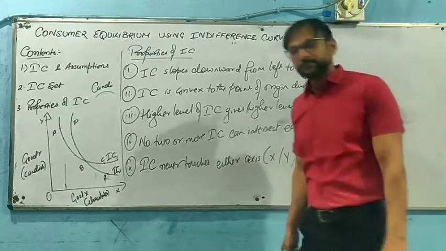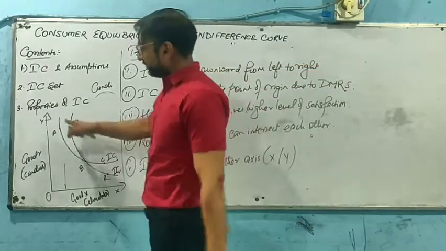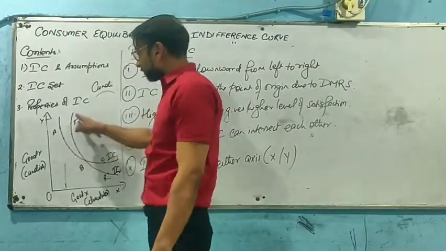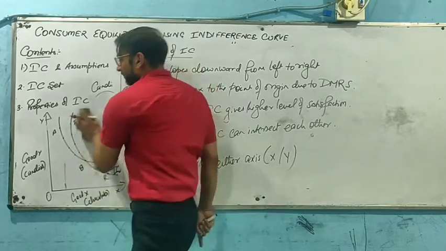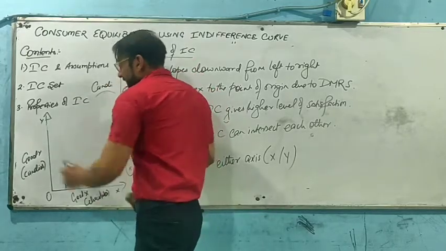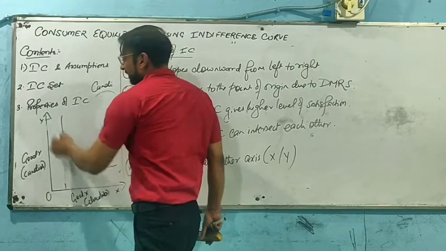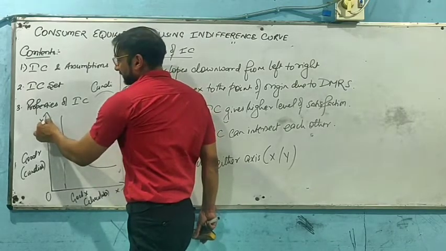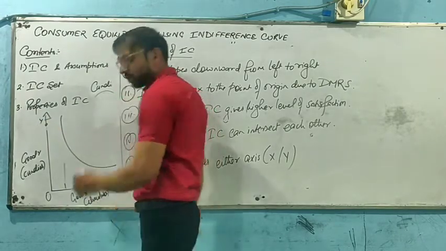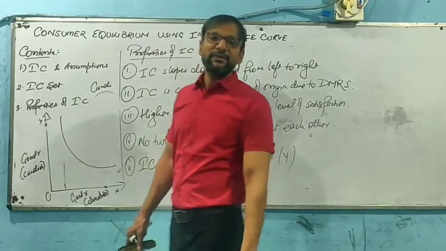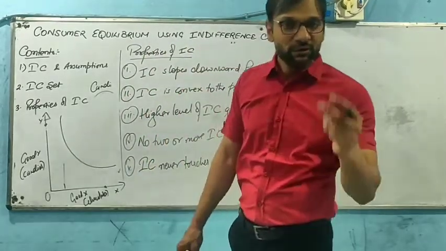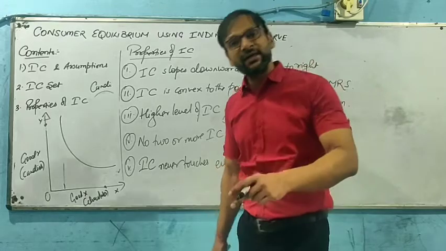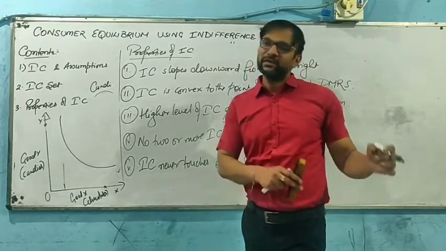Getting my point? See, I tell you. If we say this is an IC curve, or this is an IC curve, or if we prepare again, this is an IC curve, so IC curve cannot touch either axis, neither Y nor X. Since we need two goods for the consumption in order to derive the same level of satisfaction.